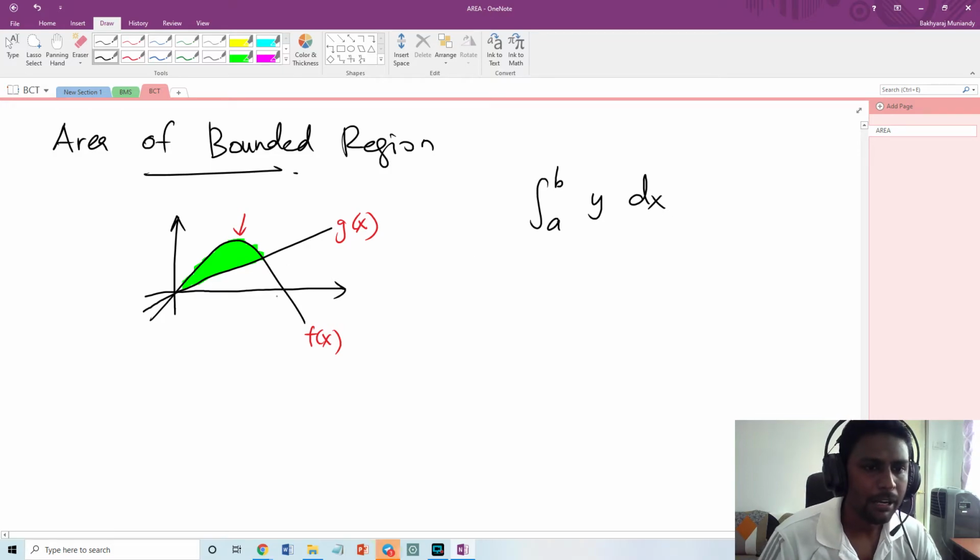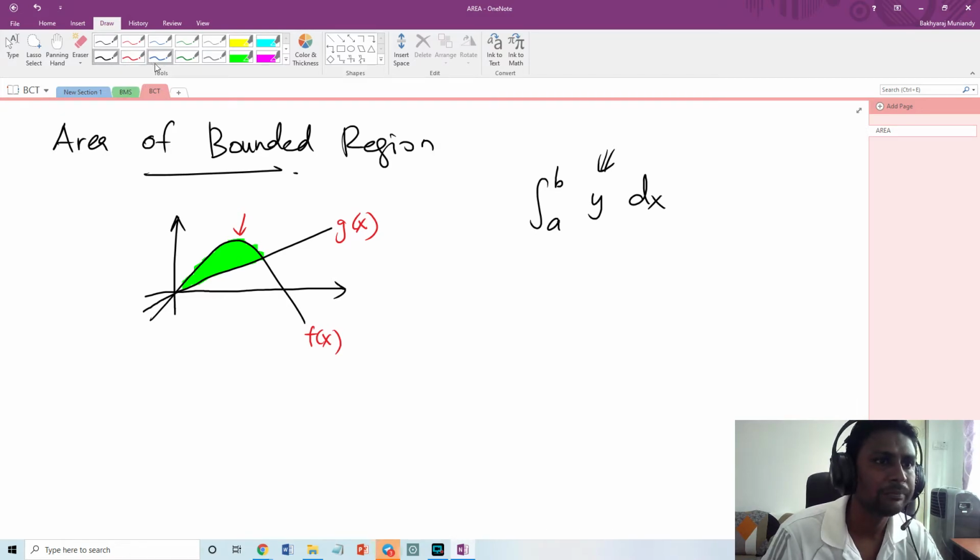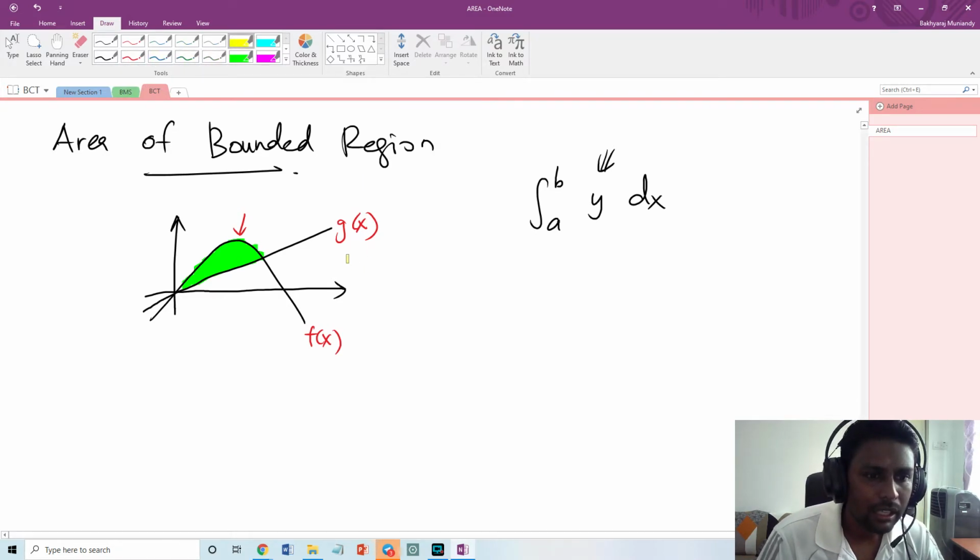Now, but we have two functions. One we have f(x), one we have g(x). In order to substitute here, we need to consider a few situations. Now look at this diagram. Which function is above the other? Is it f(x) or g(x)?